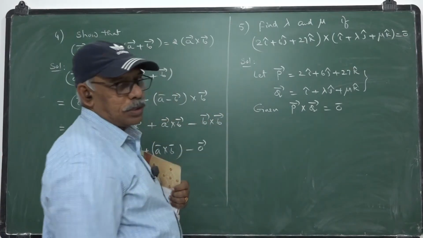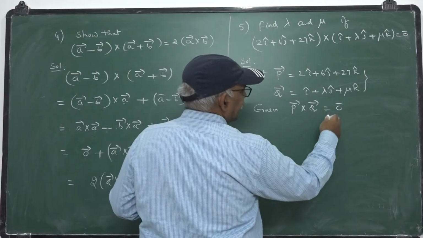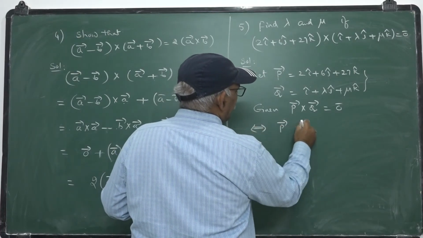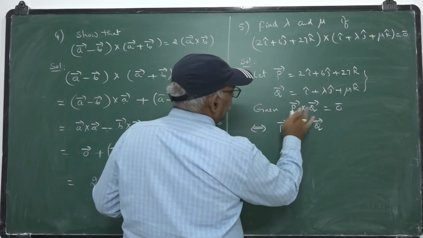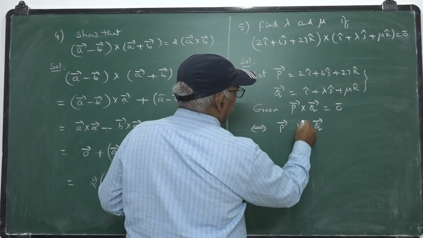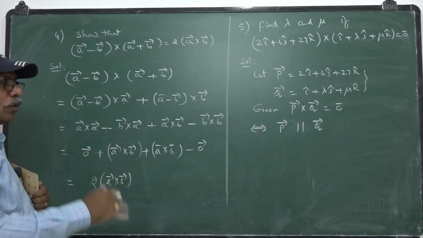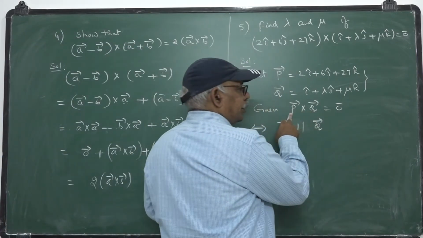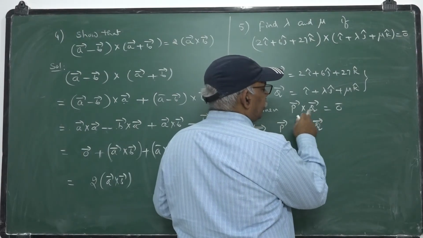The cross product of two vectors is 0 bar. Sorry, since it is the cross product, P bar is parallel to Q bar. Once P cross Q is 0, either P is 0 or Q is 0, otherwise P is a parallel vector to Q bar.